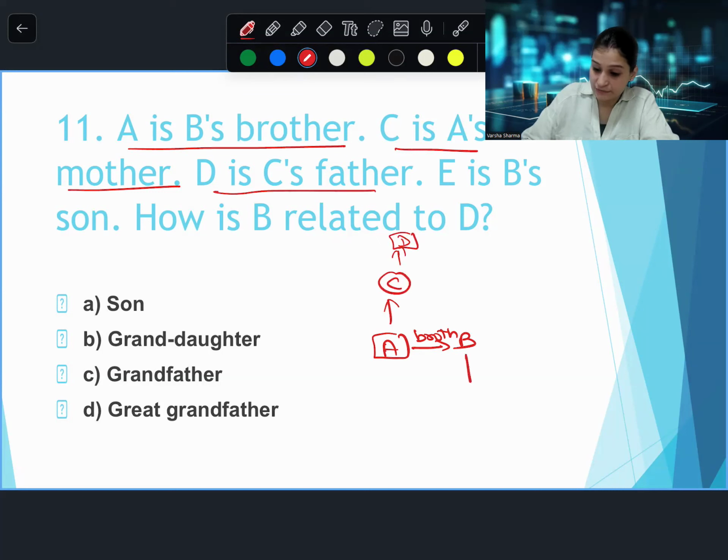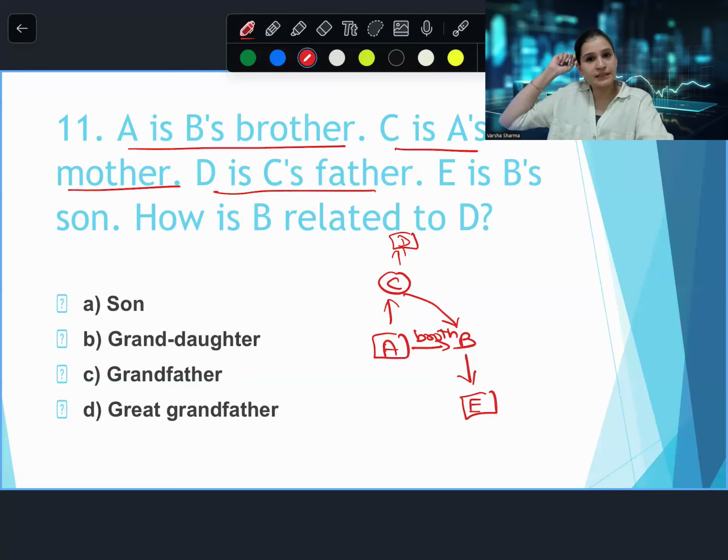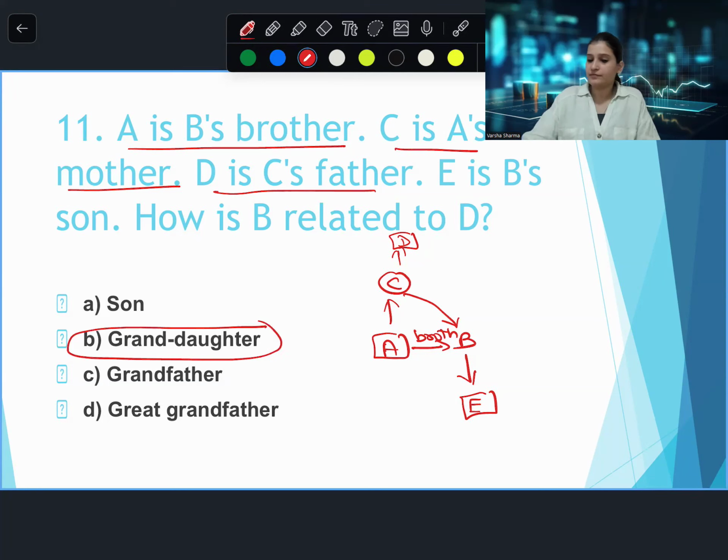E is B's son. C is also the mother of B because they are brothers. How is B related to D? Granddaughter or grandson, but we don't have an option grandson. That means the gender of B is female.